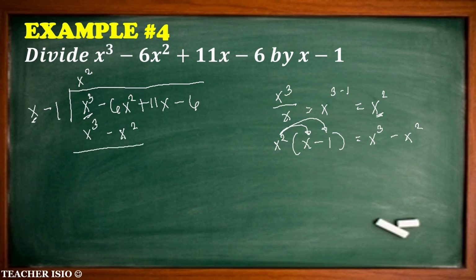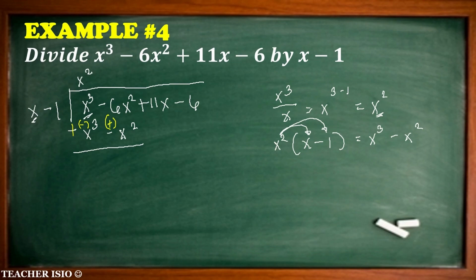Let's continue. Subtract. Mangyayari, papalitan natin yung operation into addition and then change the sign of the subtrahend. So, we have x cubed. Positive siya, magiging negative. Since this is negative, magiging positive. So, let's apply.